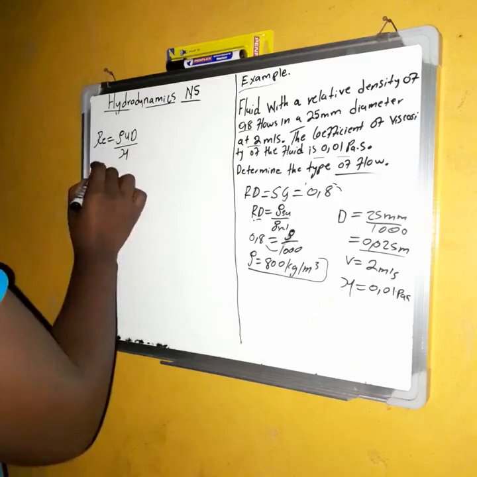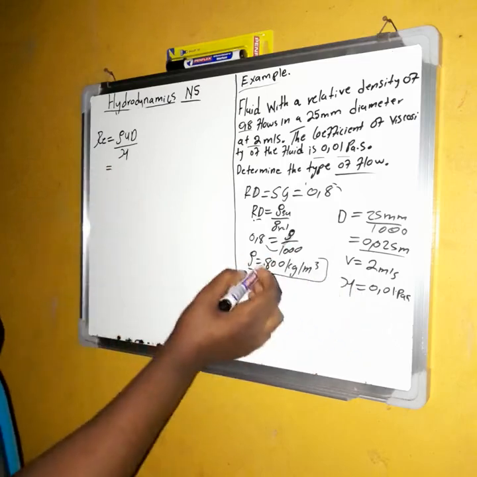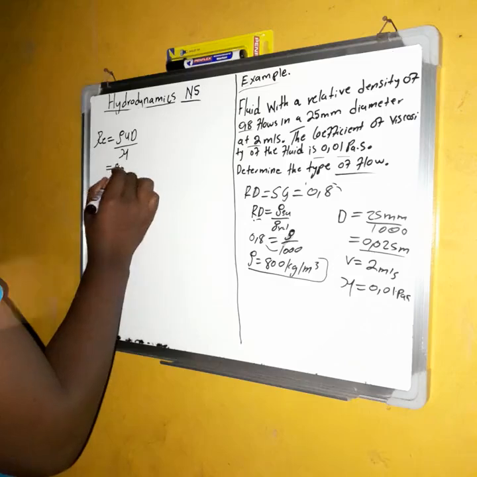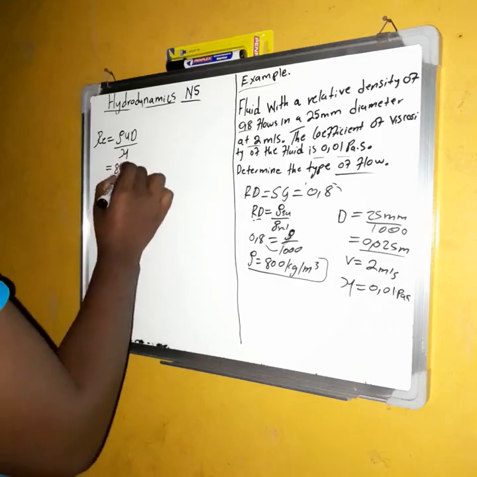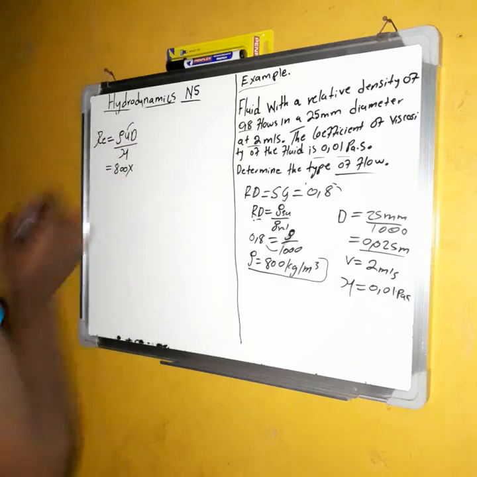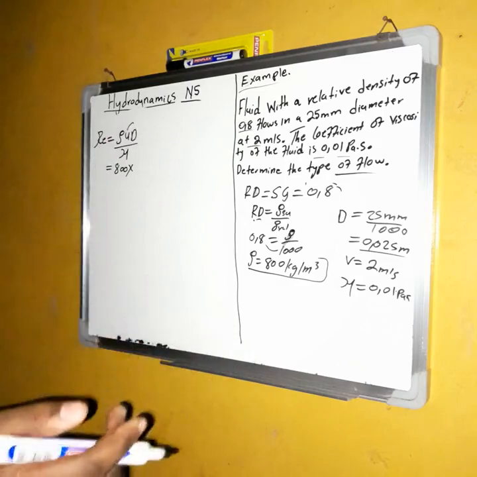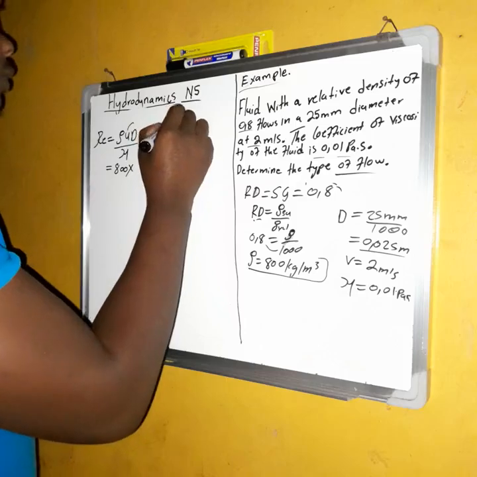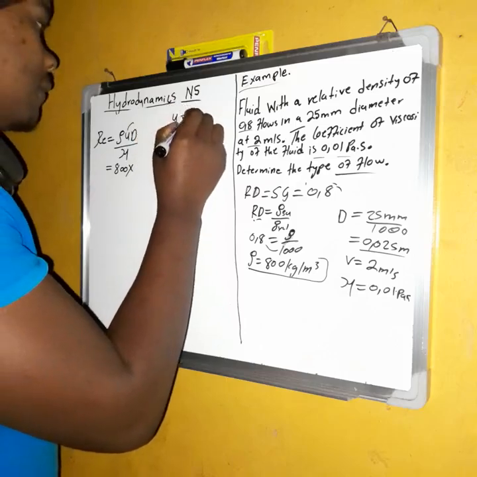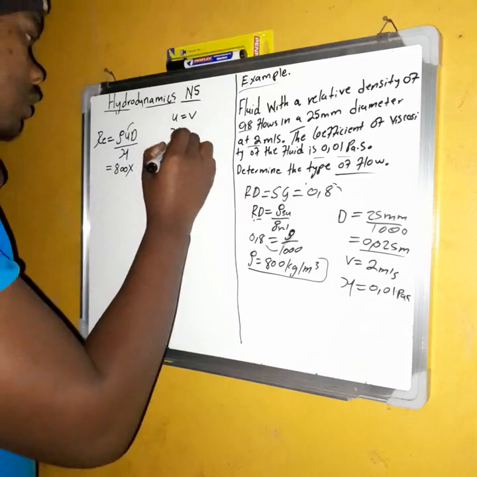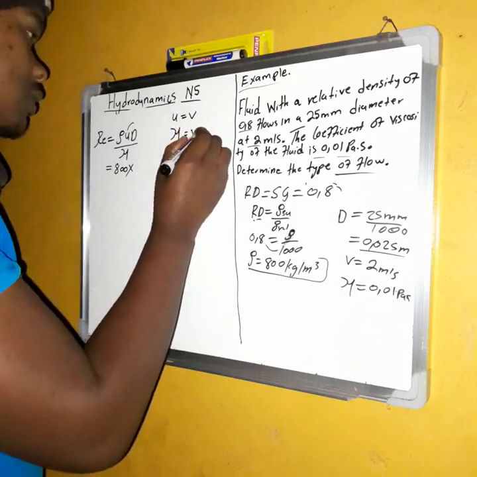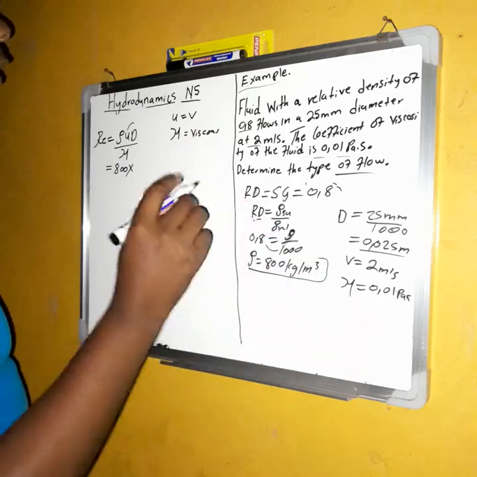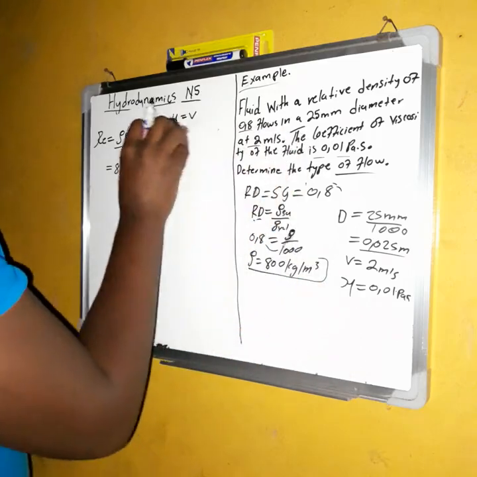Let's substitute density, it's 800, multiplied by the velocity, which is 2, multiplied by the diameter, which is 0.025, divided by the coefficient of viscosity, 0.01. Here U is the velocity, but mu is the coefficient of viscosity.